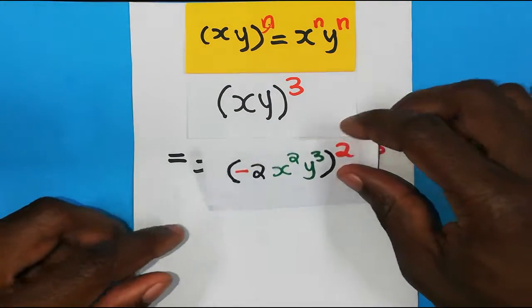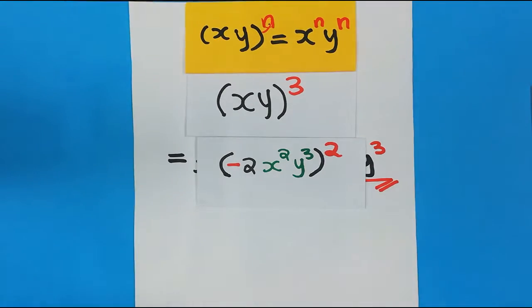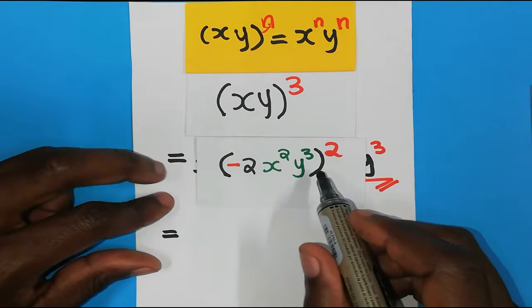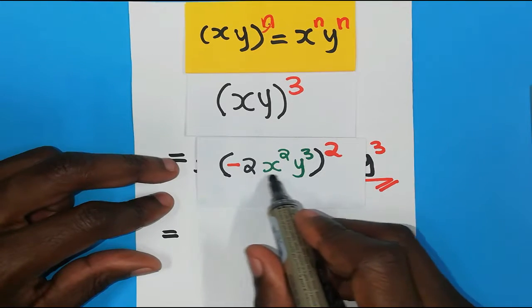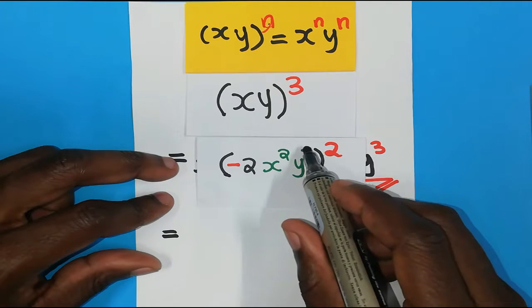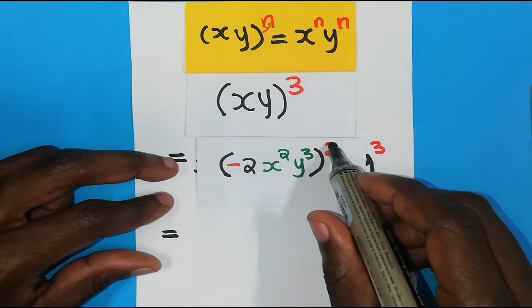Let's use the second example to explain further. Here's the second example. It's an interesting one. So what do we have inside the brackets? We have minus 2 x squared y to the exponent of 3, and these are inside the brackets and squared.